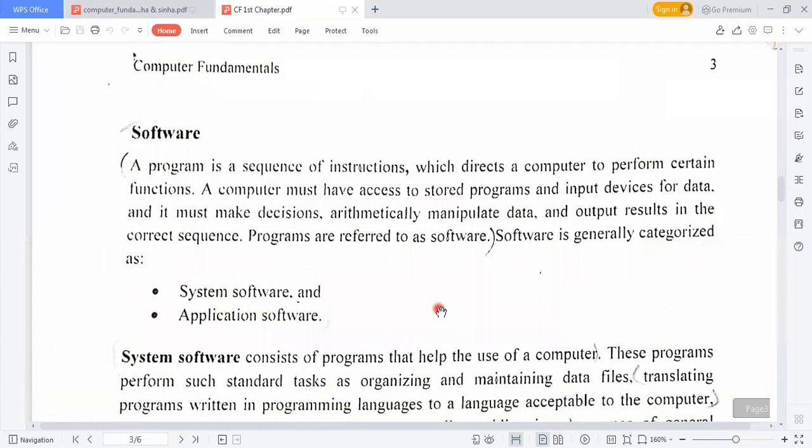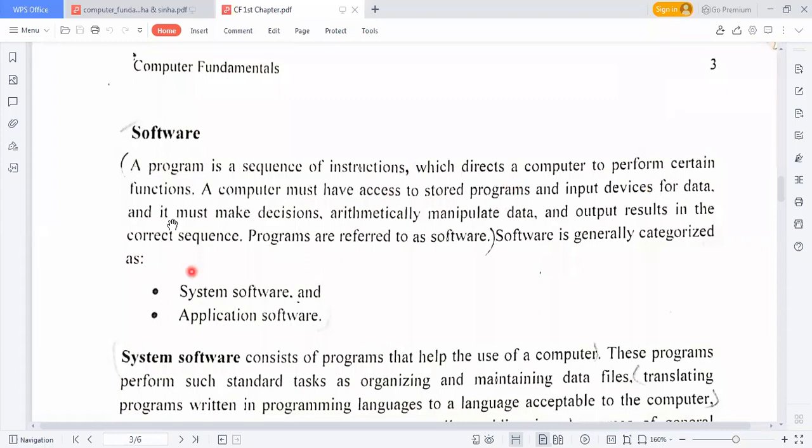Now, what is software? A program. You must know what a program is. A program is a sequence or series of instructions which directs the computer to perform certain functions. A computer must have access to a stored program, because after inputting and processing data, we have to store the program and input data.